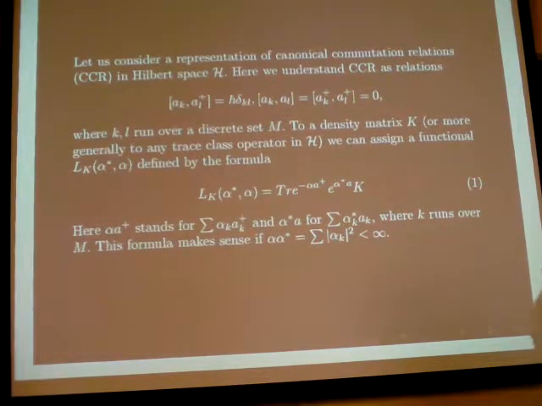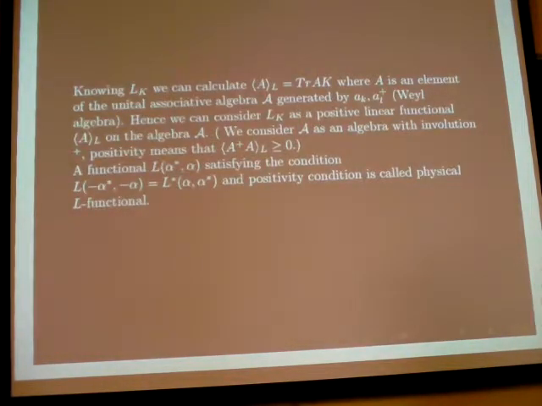So, basically, you can take here as density matrix any density matrix in the representation space of canonical commutation relations. And one should say that when you have infinite number of degrees of freedom, then you have many different representations of canonical commutation relations.